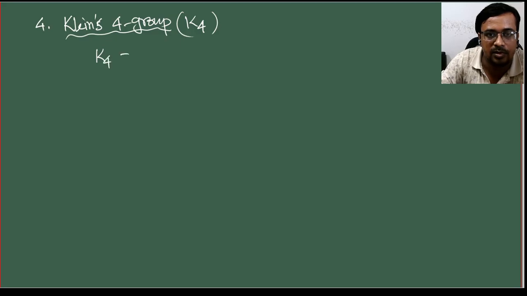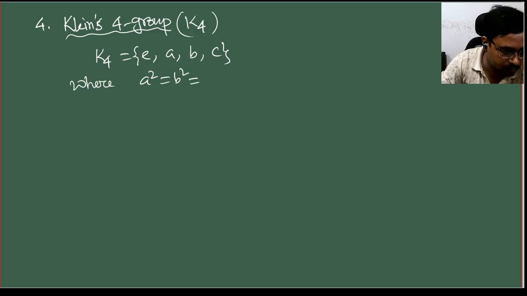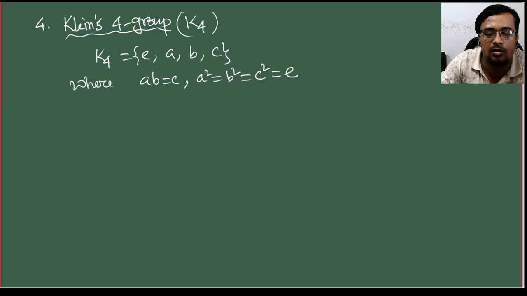K4 has 4 elements: e, A, B, C, where A square equals B square equals C square equals identity, and we want AB equal to C. AB equals BA equals C.